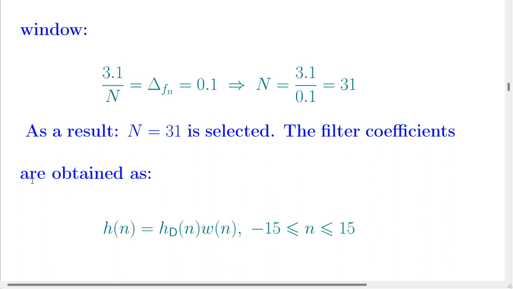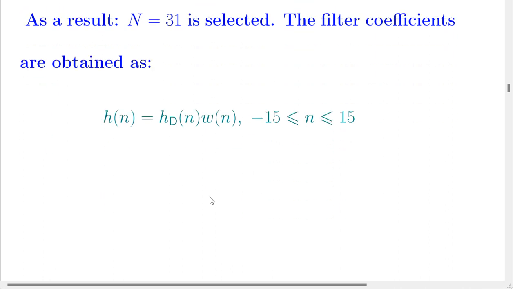The filter coefficients are obtained as h of n is equal to h desired of n times w of n, for n greater than or equal to minus 15 up to less than or equal to 15, having 31 samples, completely symmetric.